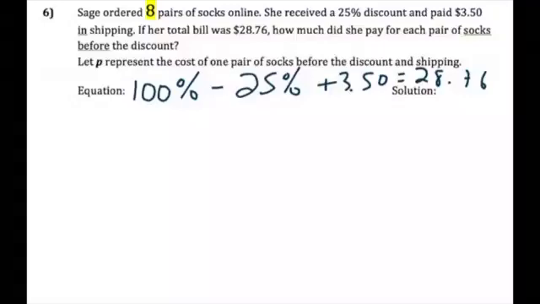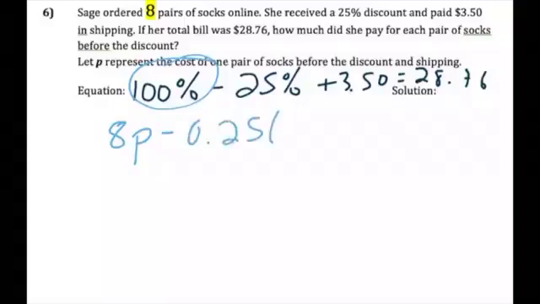So 100% of the socks is 8p, minus 25% off of that, so 0.25 times 8p, plus $3.50 in shipping equals $28.76.